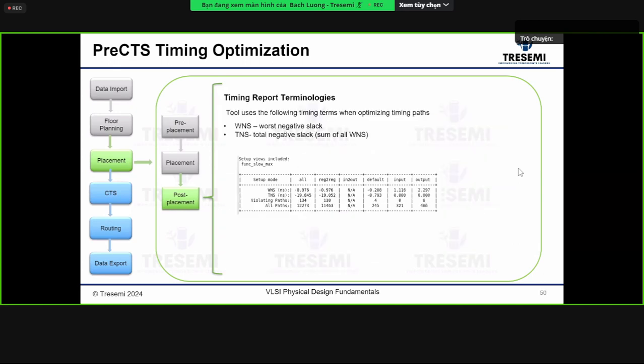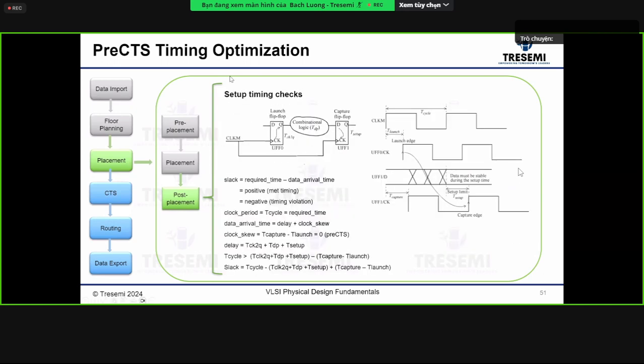In pre-CTS timing optimization, we care about setup: close setup timing, fix setup timing. So let's briefly go over what a setup timing check is. We already know what setup time is; I think Phil touched on it.